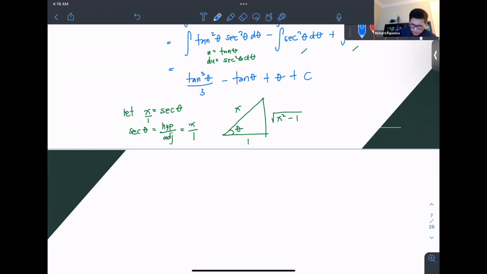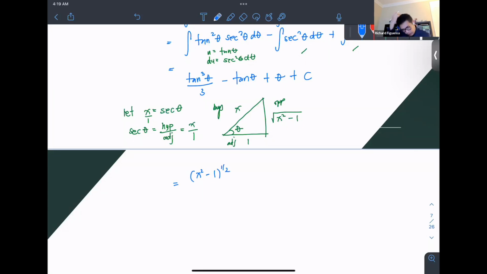So now, how do we write our final answer? So we need to find what is tangent theta. So tangent theta is opposite over adjacent. So opposite, okay, so this is opposite, adjacent, hypotenuse. So tangent is opposite over adjacent, so that would just be x squared minus 1 raised to 1/2.